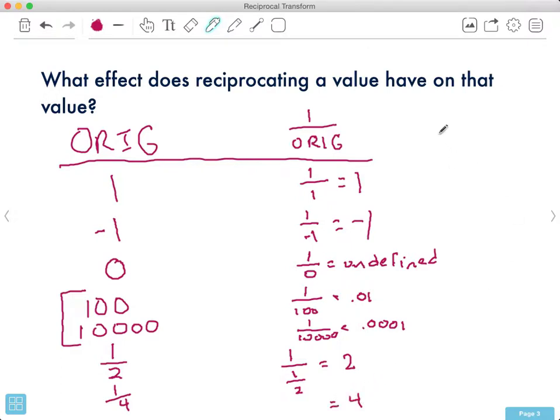So if I reciprocate 1 over 10,000, I'm going to get 10,000. So as the proper fraction shrinks and shrinks, reciprocating it gives you a larger and larger number. So let's apply that knowledge to this graph and see what results.